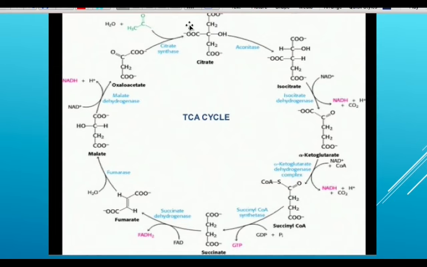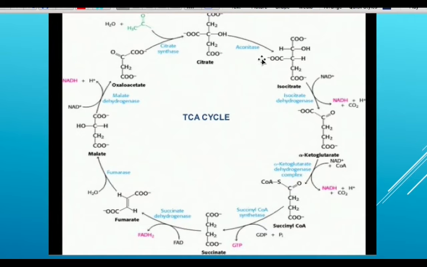So we are only getting the acetyl portion, which has 2 carbon atoms, and we combine it with the 4-carbon oxaloacetate using an enzyme known as citrate synthase. In the end, we have a product known as citrate.